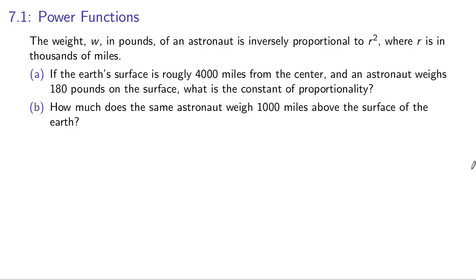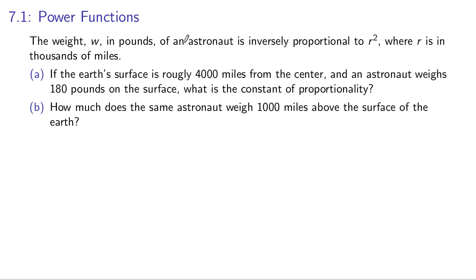So let's do some examples now after having talked about the principles behind power functions. The weight W in pounds of an astronaut is inversely proportional to r squared, where r is in thousands of miles.